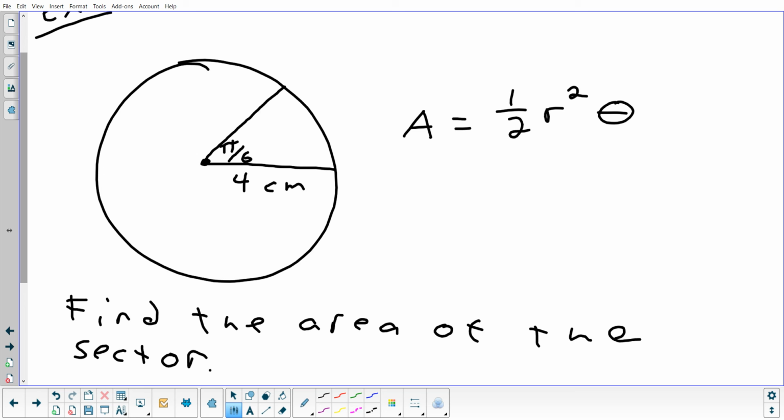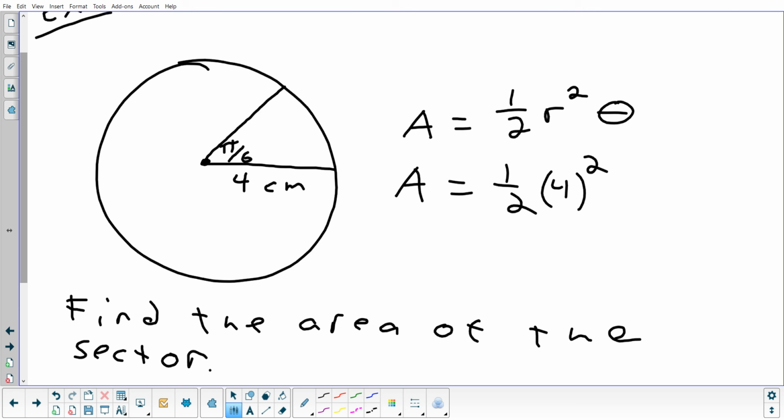So they're not going to give me that. Okay, how about Haley? What's the 4 in this case? So radius. That's my radius. And Caitlin, what's the pi over 6? Mapping the theta. Yep, that's your theta.